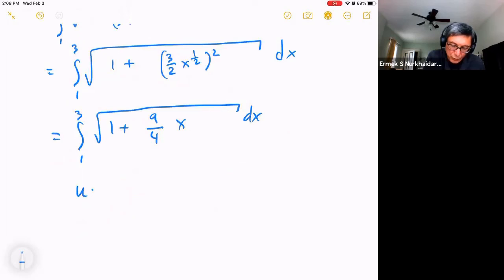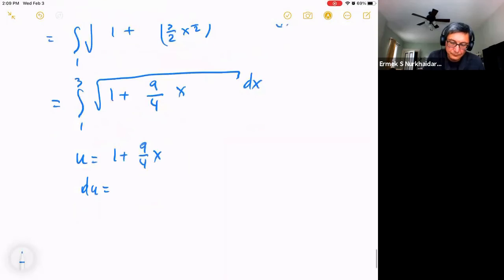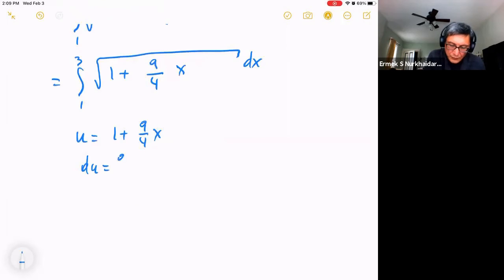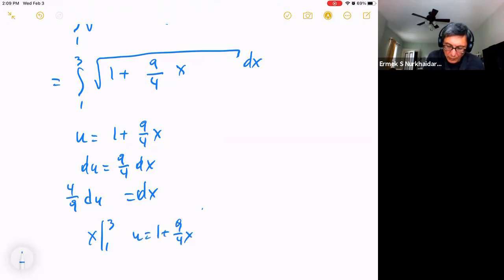So I'll do substitution. u equals 1 plus 9 quarters x. du equals 9 quarters dx. dx equals, multiplying by the reciprocal, 4 over 9 du. x is between 1 and 3, so u, which is 1 plus 9/4 x, is going to be between, substituting 1 for x, we're going to get 1 plus 9/4, which is 13/4.